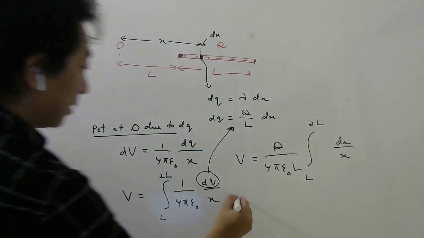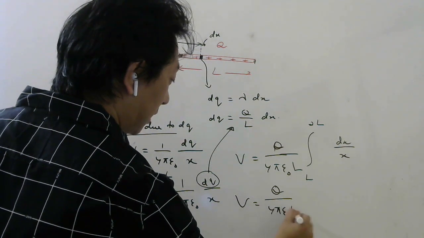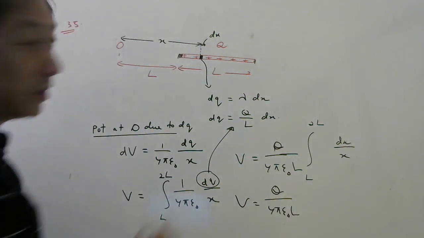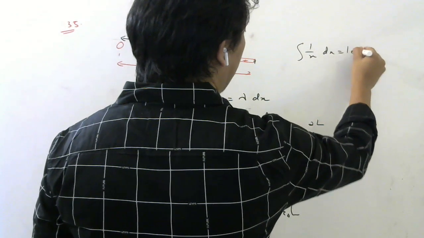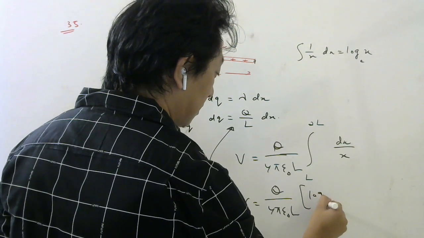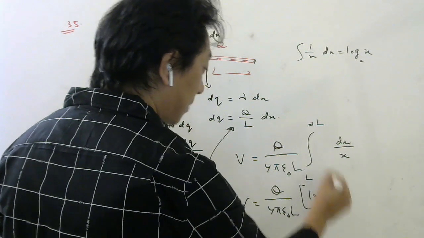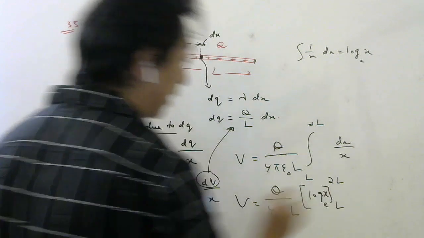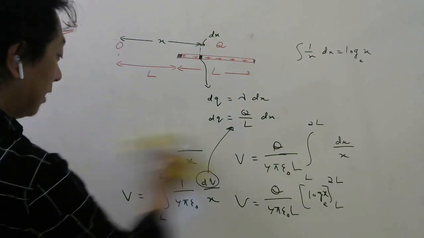Now what will be the potential? Q by 4 pi epsilon naught L. What is left is the integration of 1 by x dx. The formula is log x base e. Upper limit is 2L, lower limit is L. Right, students? After that, we have to put the limits.